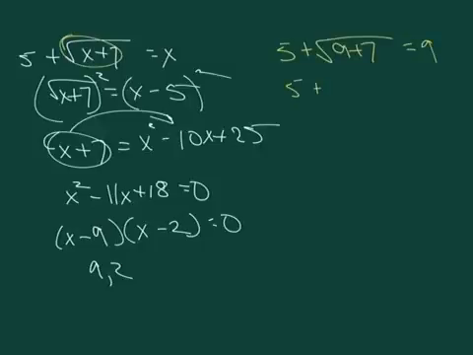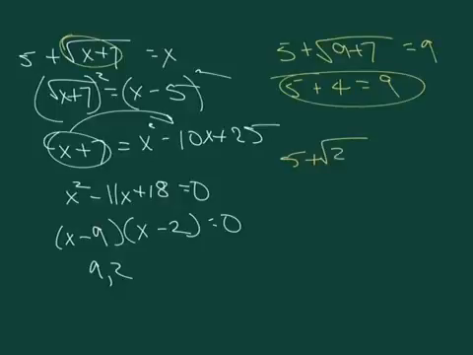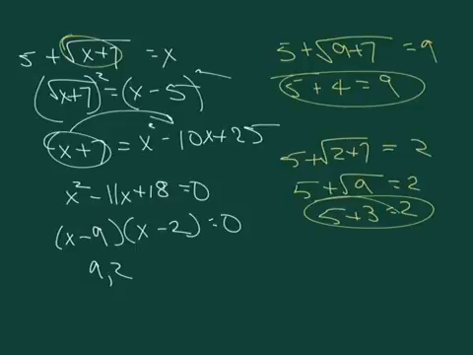So 5 plus square root of 16, which is 4, equals 9. That works. All right, let's try 2. 5 plus square root of 2 plus 7 equals, what was x? 2. So 5 plus the square root of 9 equals 2. 5 plus 3 equals 2. That does not work. So 2 is not a solution. 9 is. So you've got to make sure you check these.